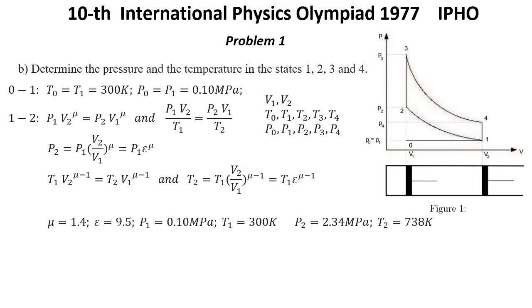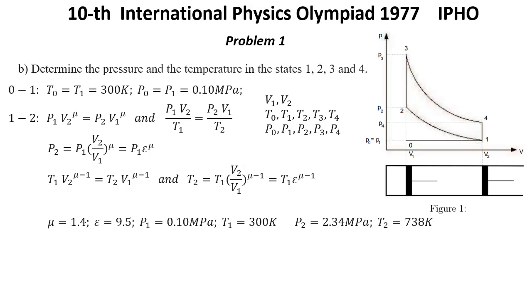For given values, gamma equal 1.4, epsilon equal 9.5, P1 equal 0.10 megapascal, T1 equal 300 Kelvin, we have P2 equal 2.34 megapascal and T2 equal 738 Kelvin.